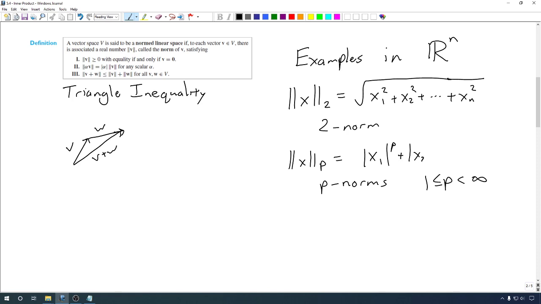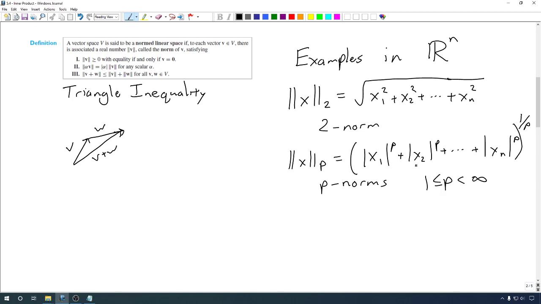We'll do the same thing for x2, and we'll add those all up till we get to xn to the pth power. And then, similar to how we had to take the square root up here, we are going to take the pth root, so technically the 1 over p power. This is an example of a norm, at least as long as p is at least 1.